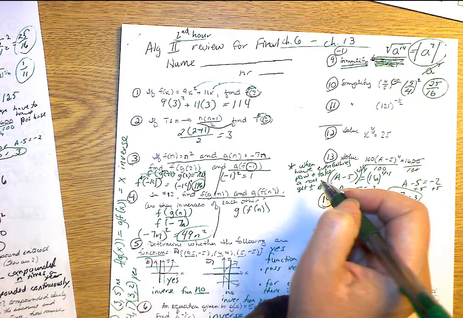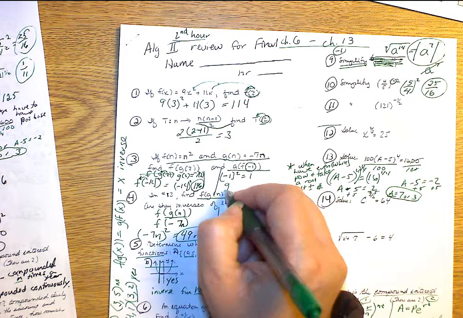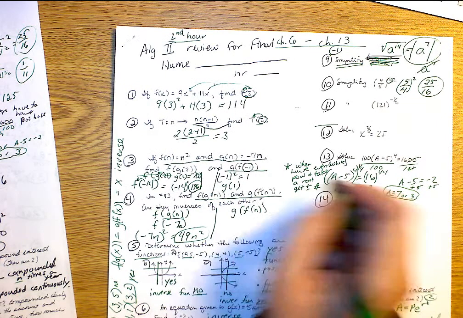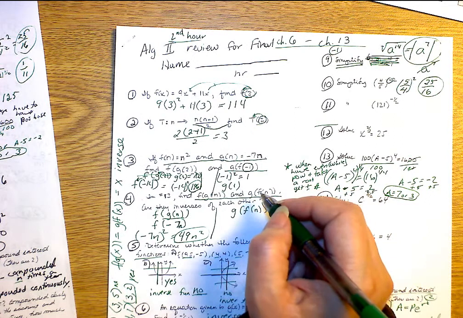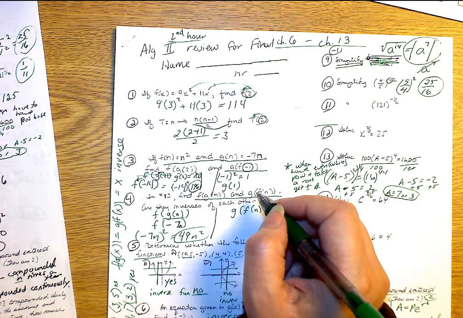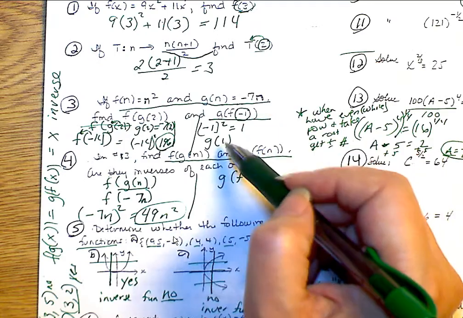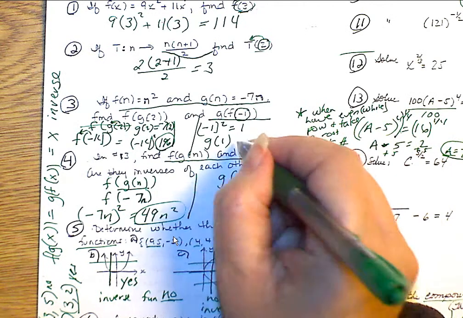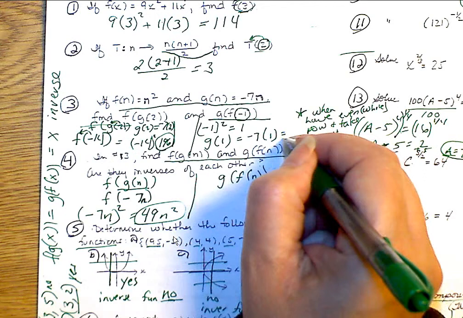So then I have to find g of 1. And g of 1, you're putting in your 1 in for your n of your g function, so you're literally taking -7 times my 1, which gives me a -7.